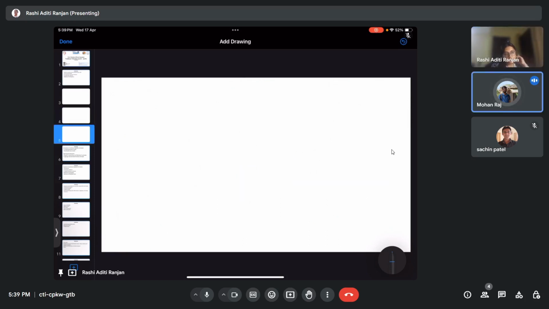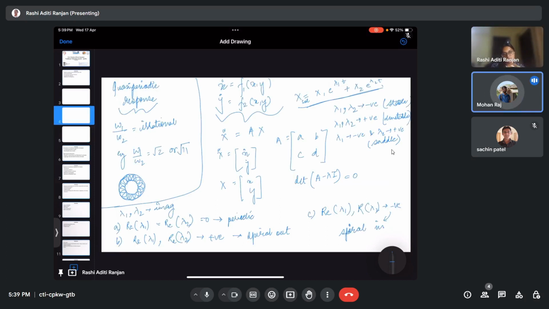Madam, one doubt. That periodic response, we can call it as stable? The first case you explained, madam. See, the real part is zero and the imaginary part is there. In that case, yes, it will have a periodic response. In the phase portrait it will be a circle. And can we call that stable, and spiral in asymptotically stable?